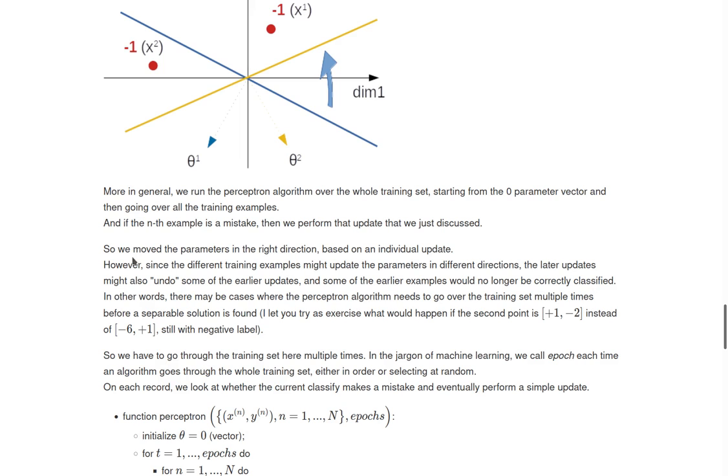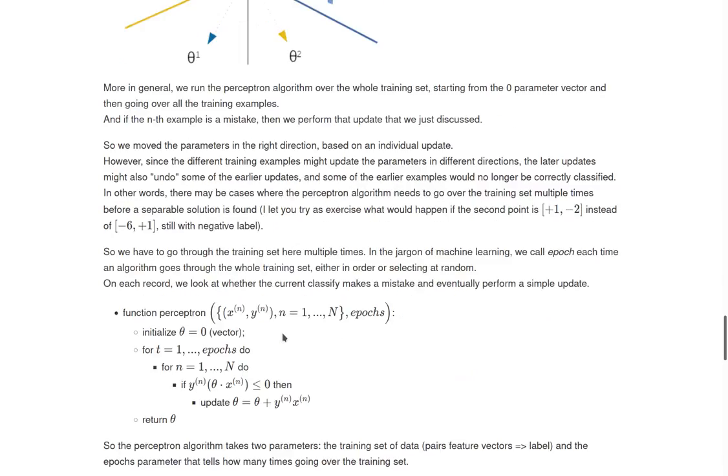So there are cases, and it's the normal situation, where the perceptron algorithm needs to go over the training set not one time but multiple times in order to find a separating solution. There is a theorem stating that if the points are linearly separable, the perceptron algorithm, given enough time, will find a classifier that does separate the points.